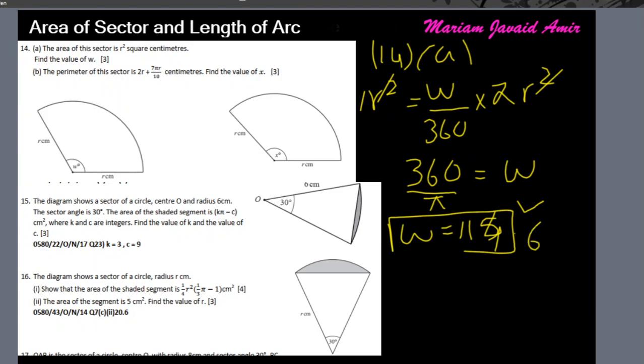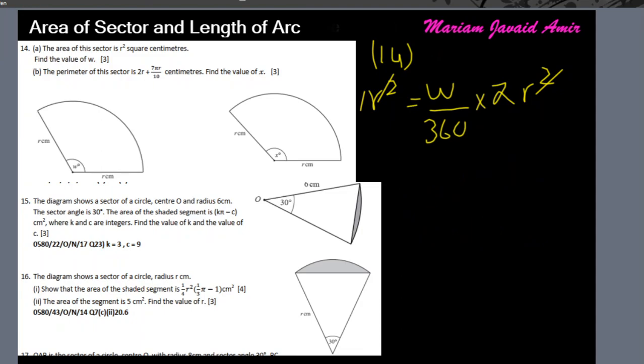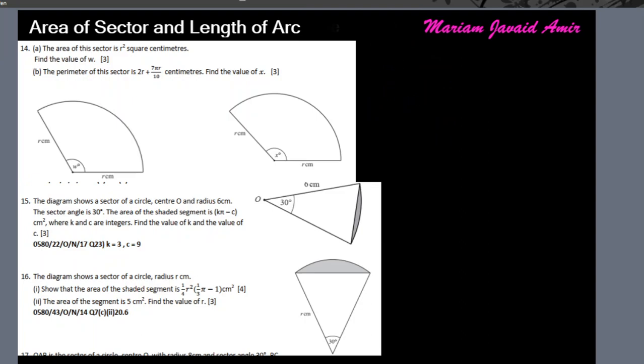Okay, and then in the next part we have to find the value of x. We're given the perimeter of the sector. So for 14b, the perimeter of the sector is 2r plus 7 pi r over 10, which equals this plus this plus this.